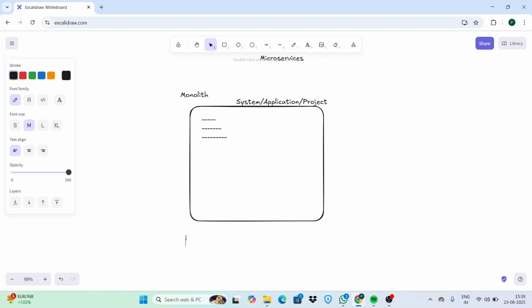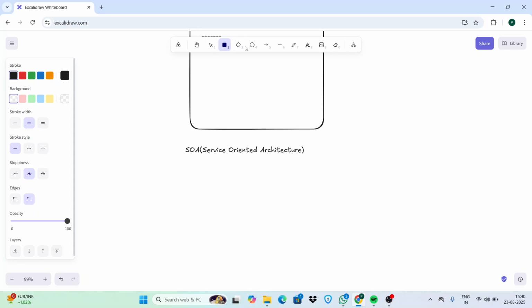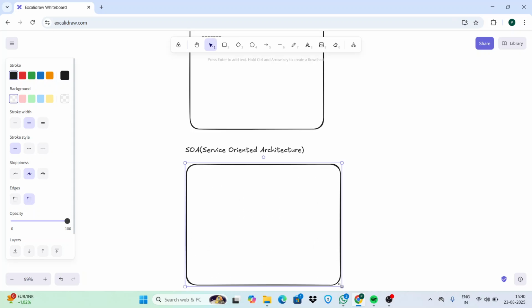After the monolith, service oriented architecture came into the picture. What happens in service oriented architecture? The drawback of the monolith was somewhat minimized in SOA. How is it minimized?